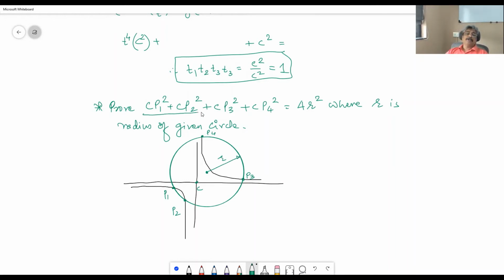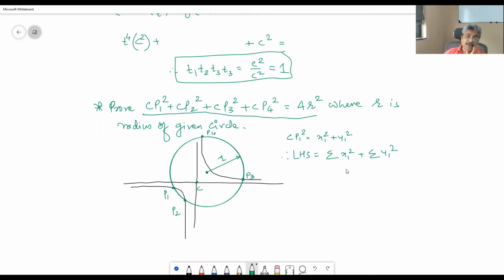Then this identity should be true. CP1 square is equal to x1 square plus y1 square, where x1 and y1 are the coordinates of P1. Therefore, LHS is equal to sigma x1 square plus sigma y1 square, the summation of squares of x coordinates and the summation of squares of y coordinates.